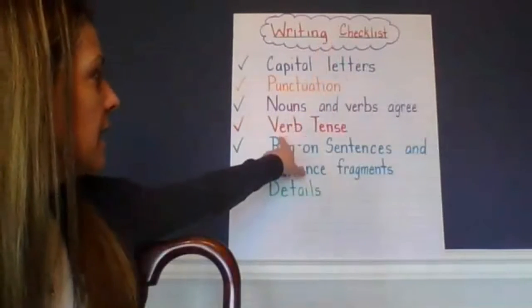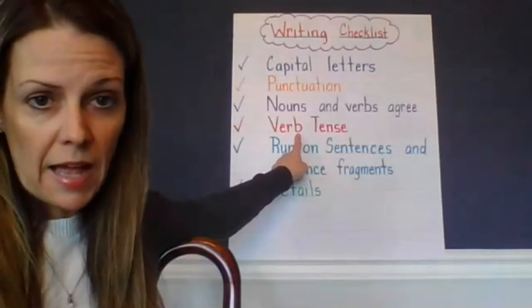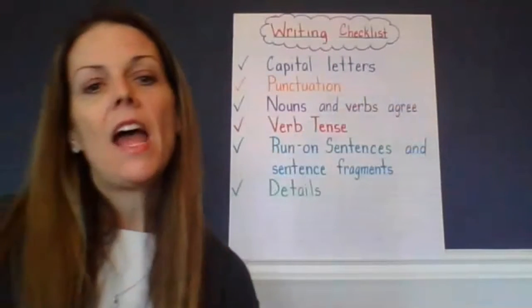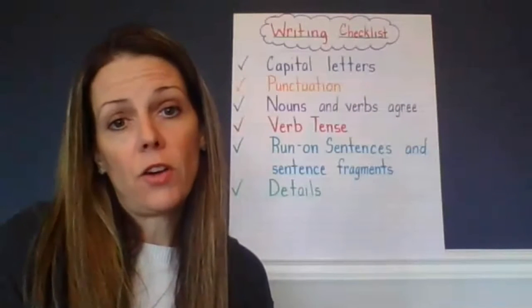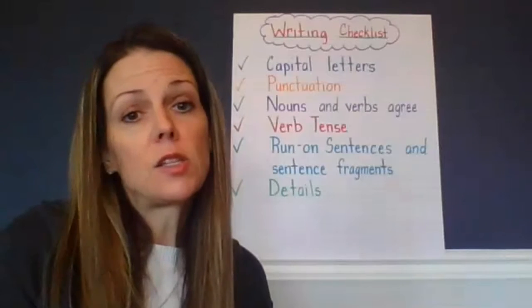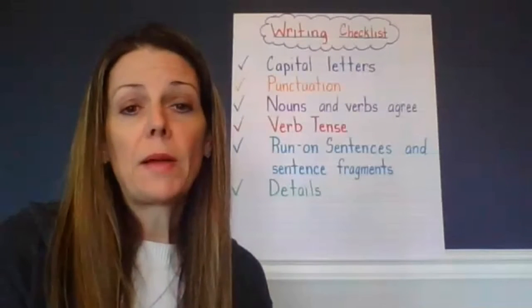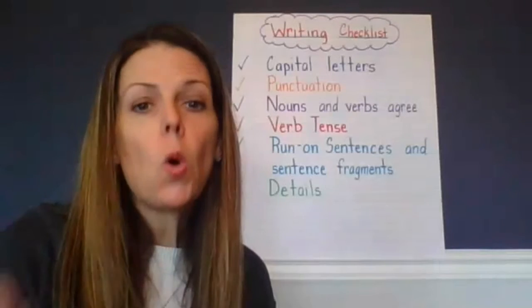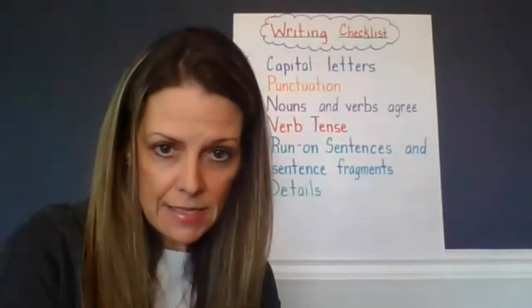The next thing is also with our verbs: we talk about verb tense. When I say tense, it means when something is happening. Verbs are a very important part of our language because they tell us what is happening and when it's happening. So if you are writing about something that already happened, all of your verbs in your writing should be in the past tense.